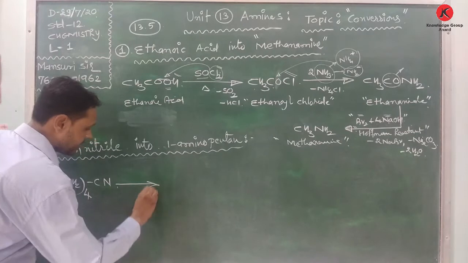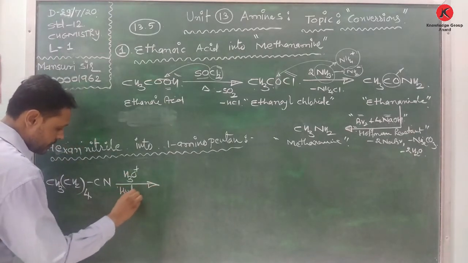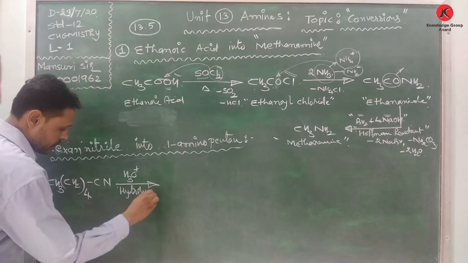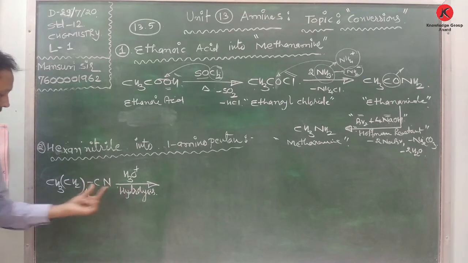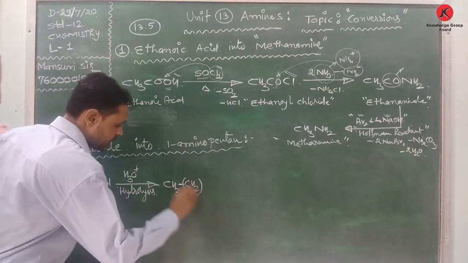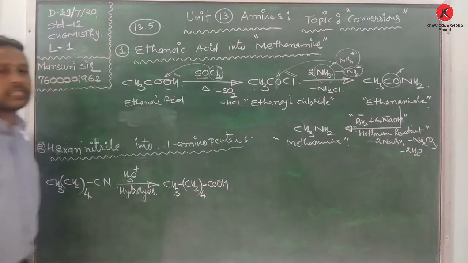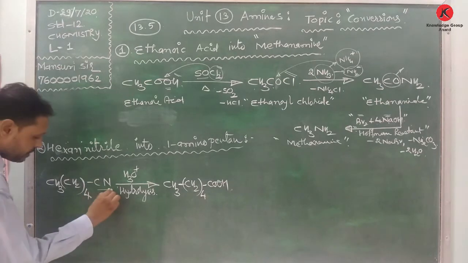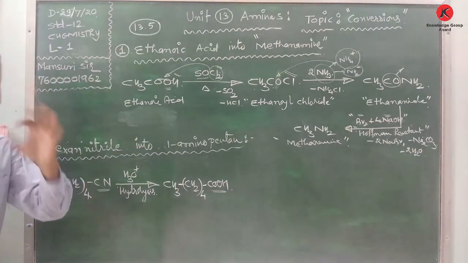Now hexane nitrile gets hydrolysis, so it forms CH3CH2 4 times and COOH. Cyanide is converted into carboxylic acid by hydrolysis.